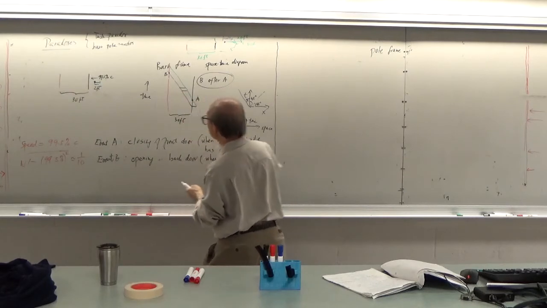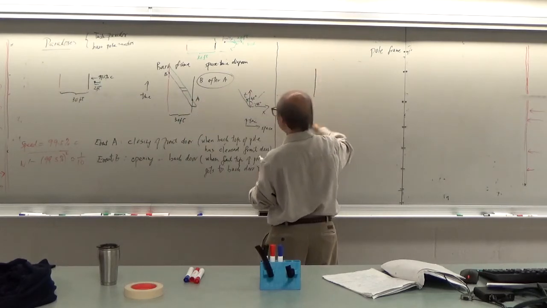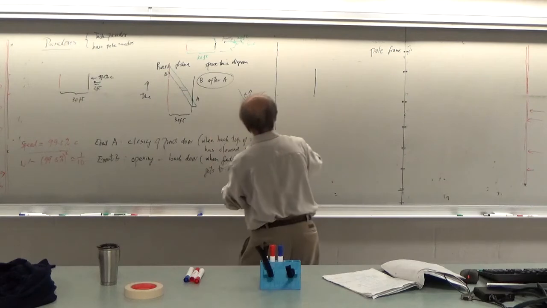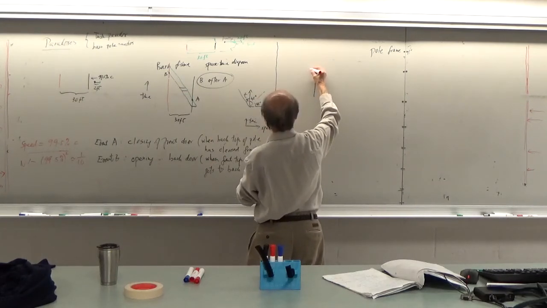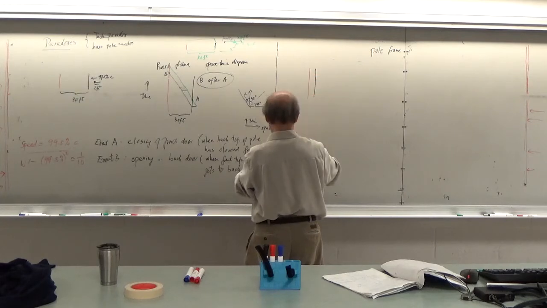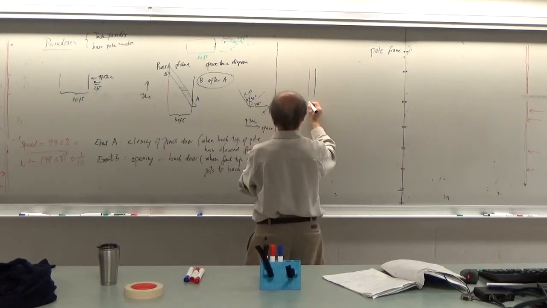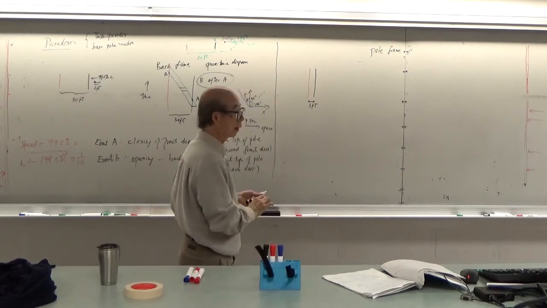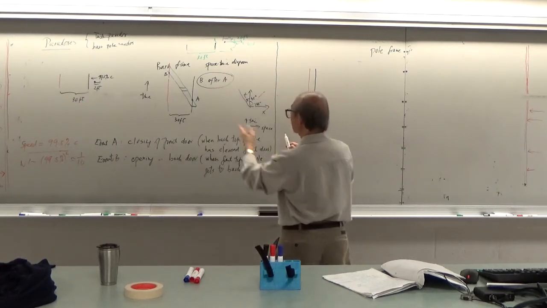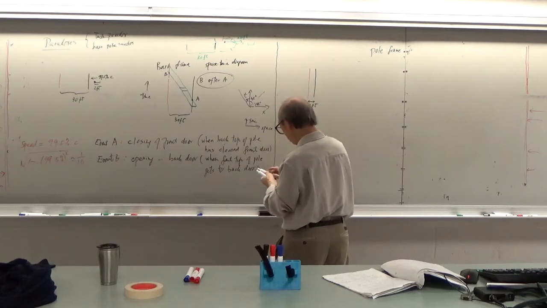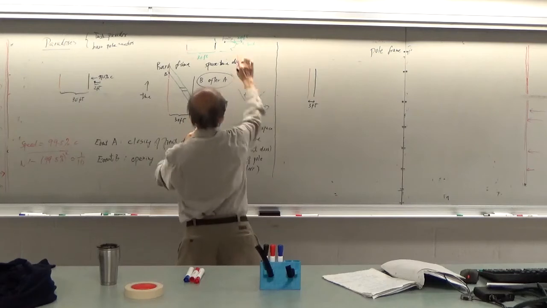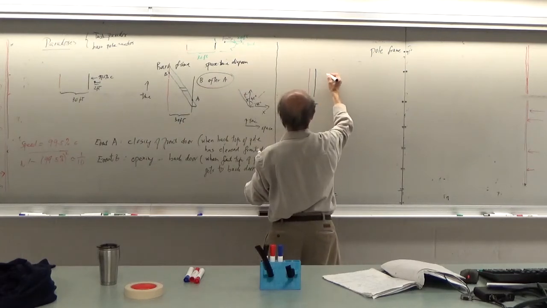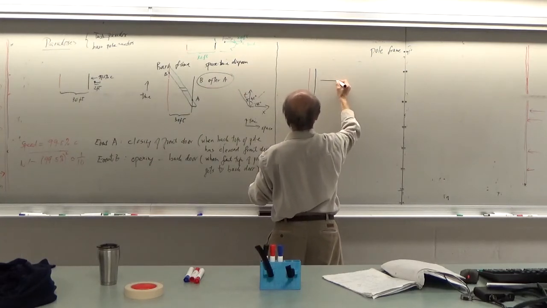So the front door and then the back door will be only 3 feet apart, whereas, of course, the pole will still be 20 feet long.